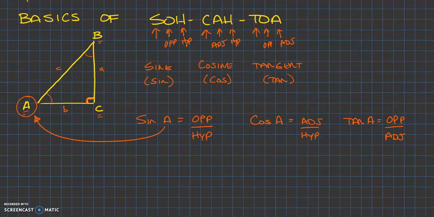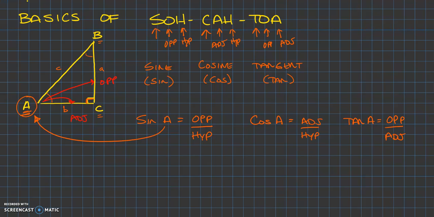Take your pick. Let's go back to our triangle here. And so if I'm talking about angle A, what is the opposite? Let's change colors. The opposite is across from the angle. So the opposite of A is directly across. The adjacent is the one that's directly close to it, all right?